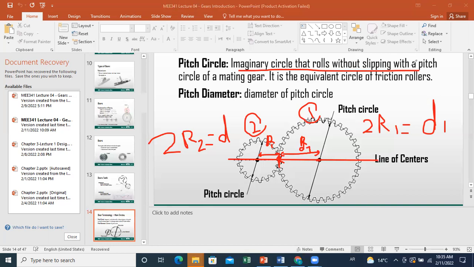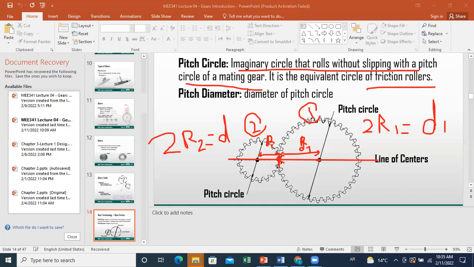So it's rolling without slipping with the pitch circle of the mating gear, and it's the equivalent circle of friction rollers. We have seen that the basic type to produce transfer of rotation is friction rollers. And the difference is that when you put teeth, you can always ensure a transfer of forces.